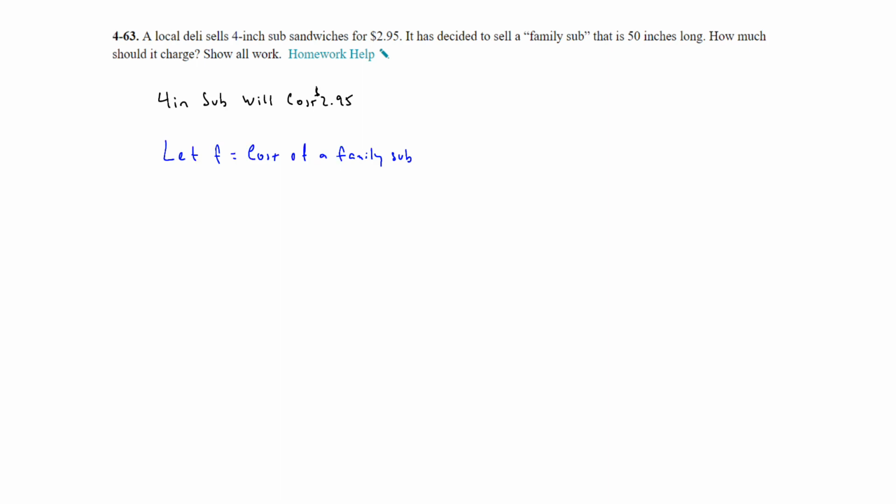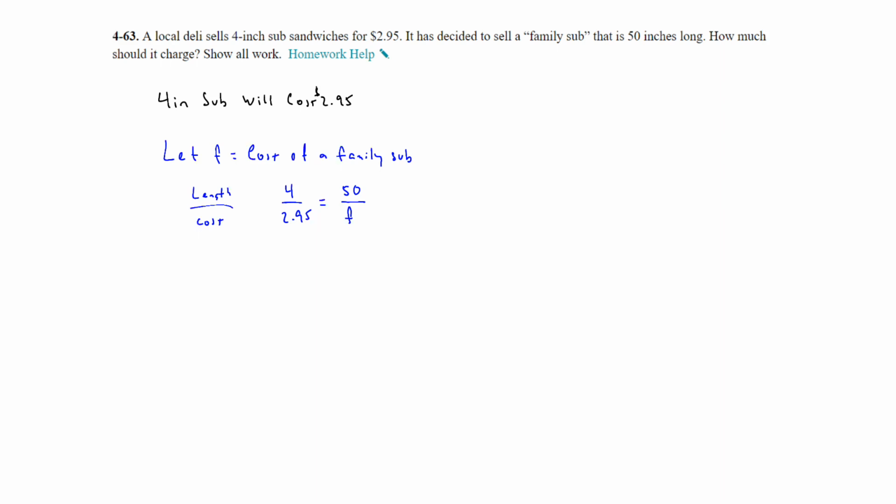I'm going to set up an equation as a proportion here, where my proportion is going to represent the length of the sub compared to the cost. So the length of a sub, 4 inches long, costs $2.95, and a 50-inch long sub costs some value we don't know yet.